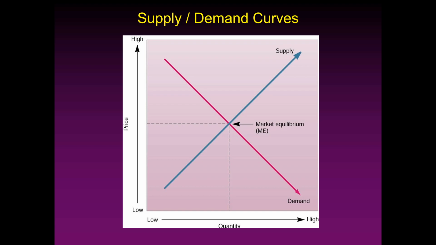Obviously, as the coronavirus starts to taper off a little bit, or as people start to get more face masks, this curve is going to shift one way or the other. So going back to my example with Rolex, the supply is very low, therefore the demand is very high, and that means that the price is very high.